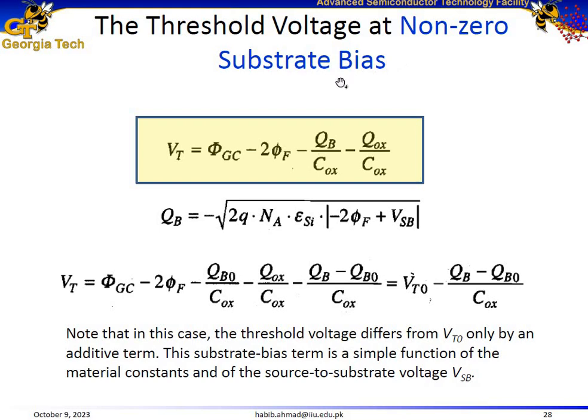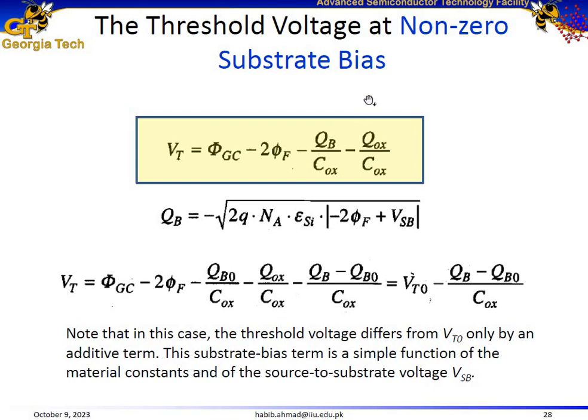At non-zero substrate bias, which means when we connect the substrate to some potential, for the depletion region charge density, now we also need to add the substrate bias potential in this expression as well. And if we replace QB with this expression, it reduces finally to this form.